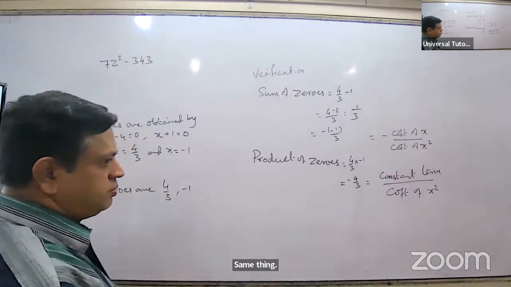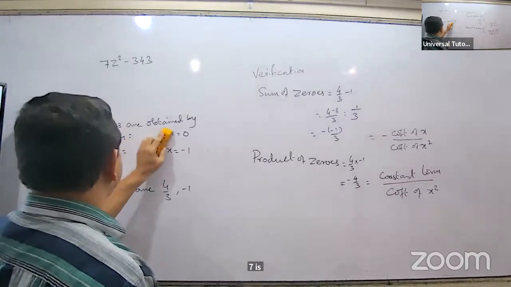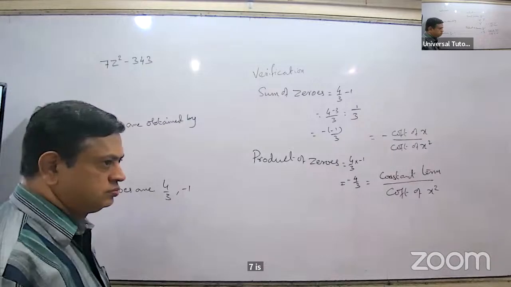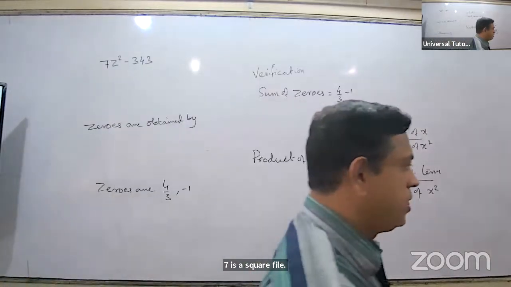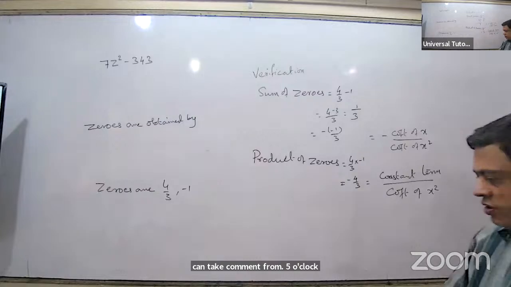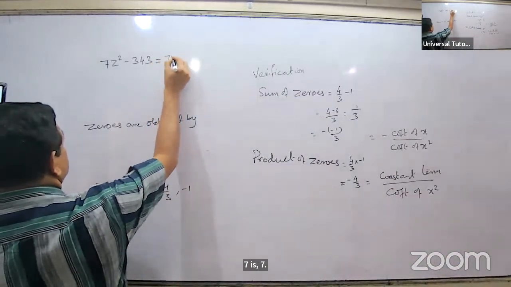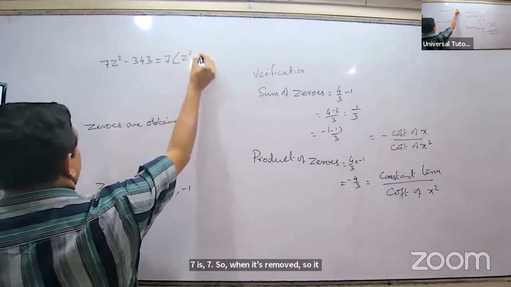Here the splitting the middle term part is not there, but you can take common from here. What is common here? 7 is common. So remove that 7. So 7 is removed, what will you get? 7 times z square minus 49.